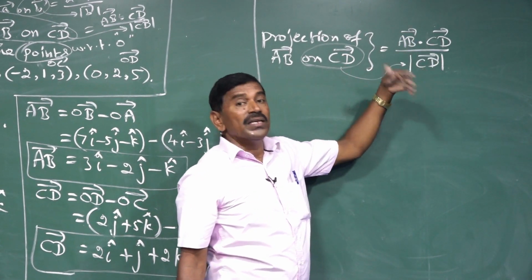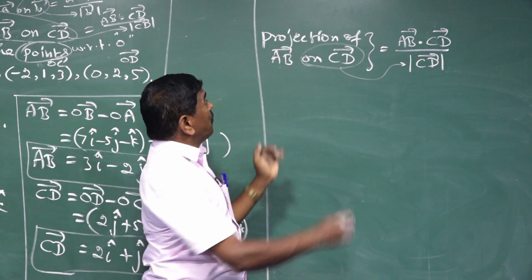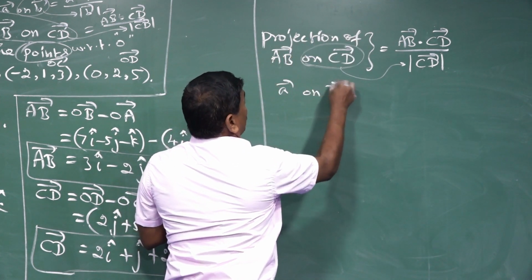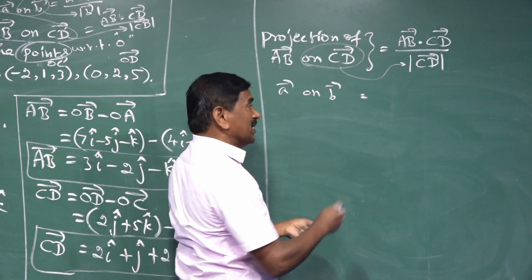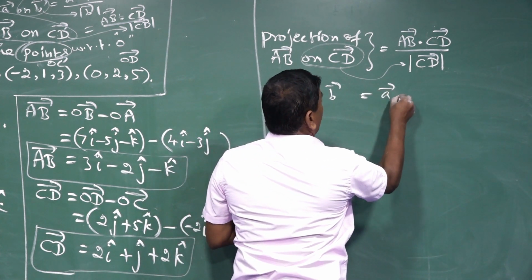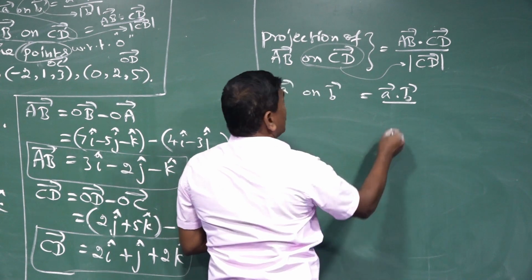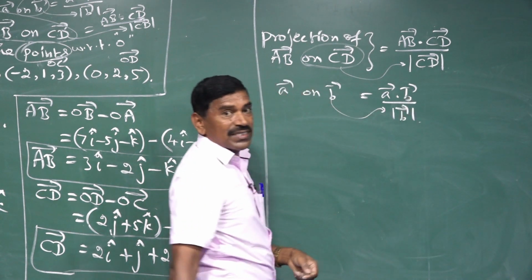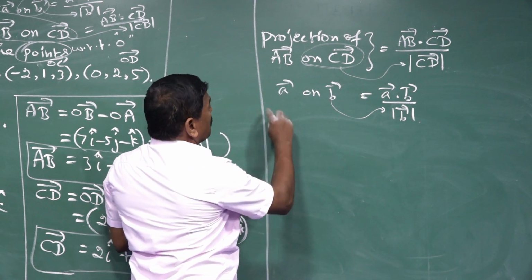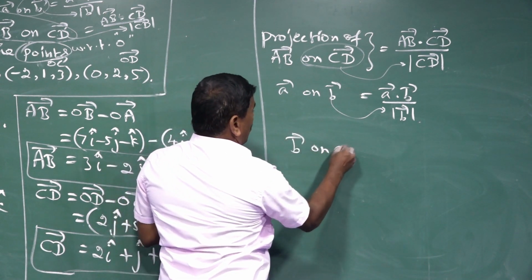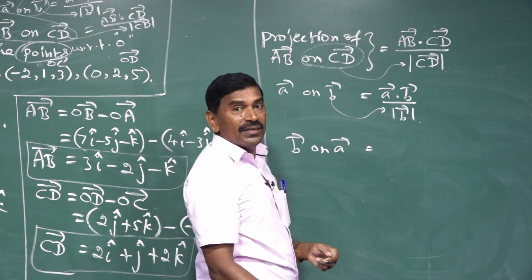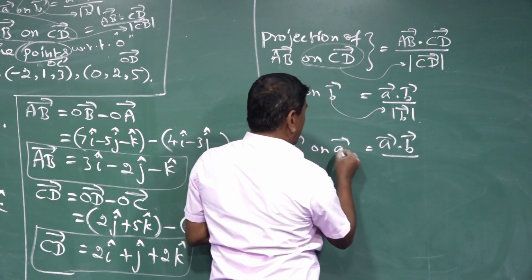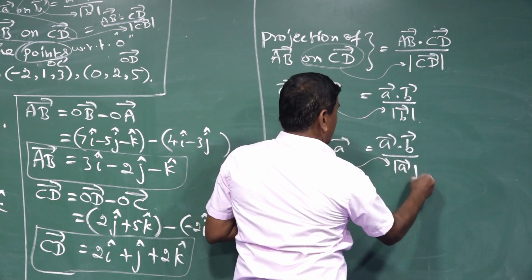For example, the projection of A vector on B vector is A vector dot B vector divided by modulus B vector. And the projection of B vector on A vector is A vector dot B vector divided by modulus A vector.